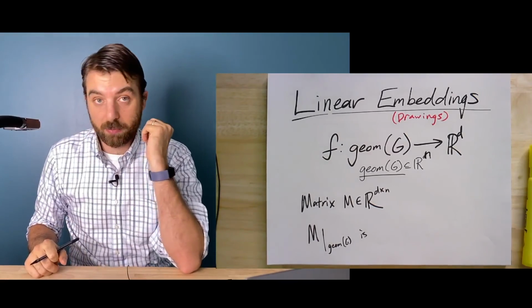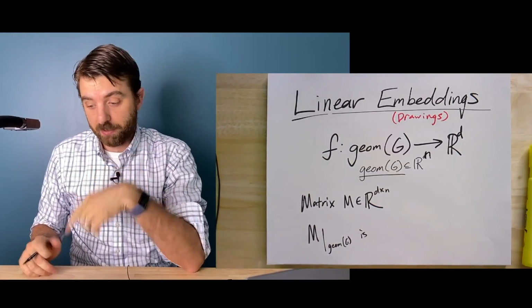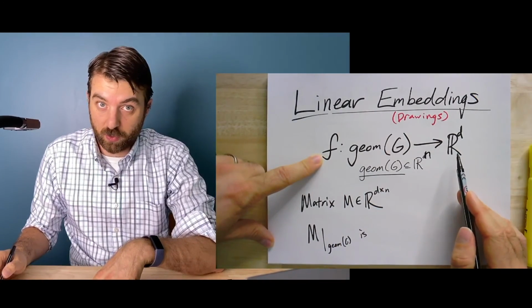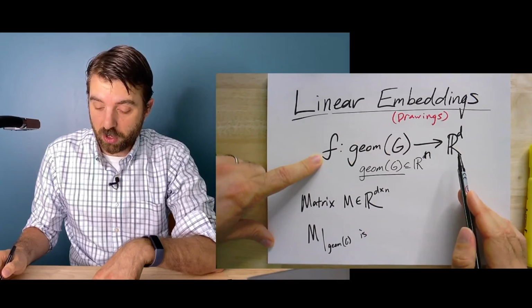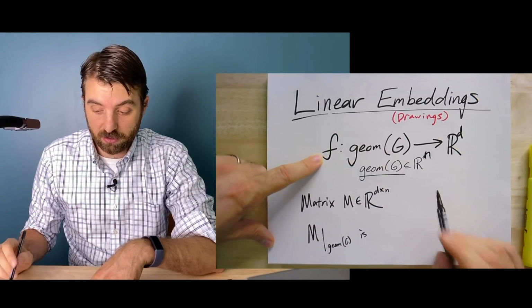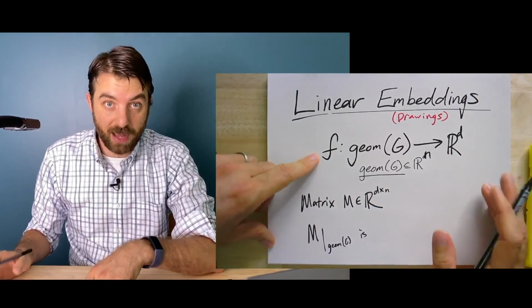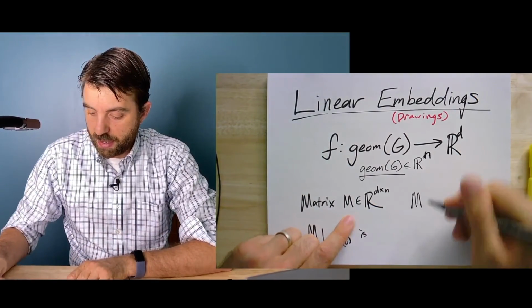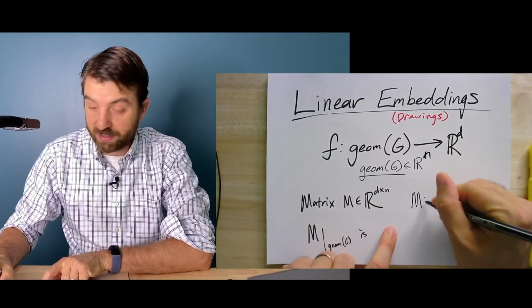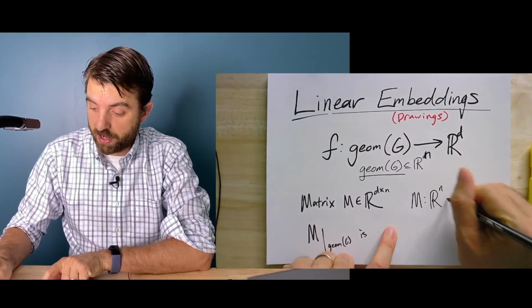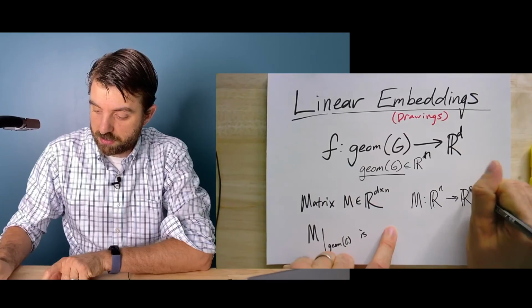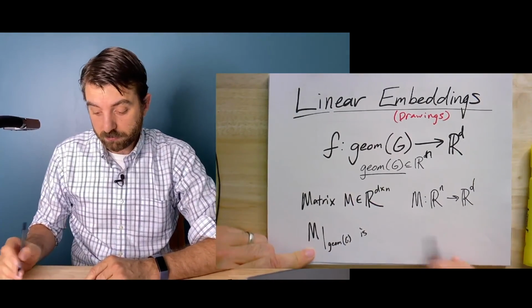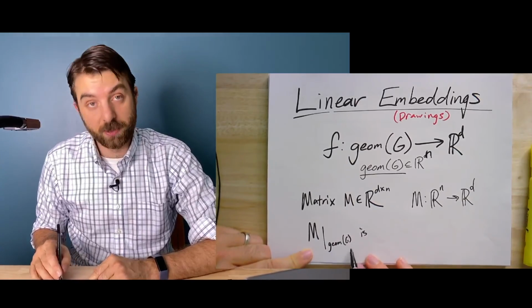Now, the way you would represent a linear mapping, so in this case, f was, we just required it to be continuous in order to be a drawing, but if it's actually linear, that's even better, and linear maps can be represented by matrices, right? So there's some matrix M, d by n, and you can think of this as a function from all of R^n down to R^d. And again, this is not injective, but the restriction to just the geometric realization could be.